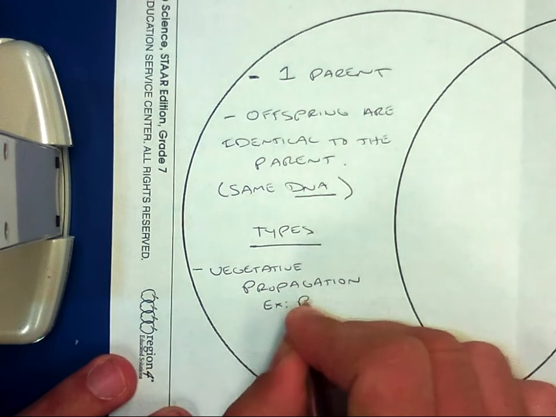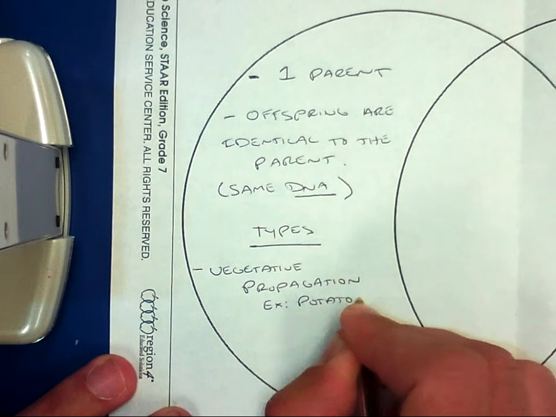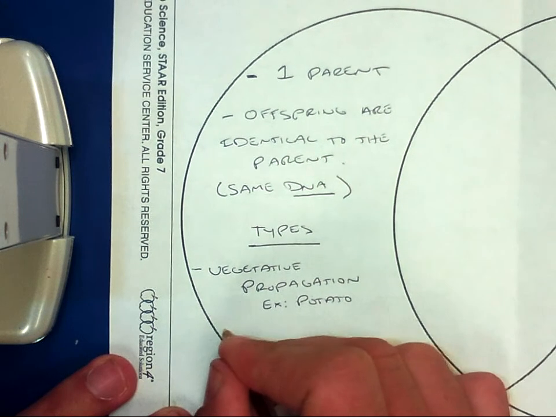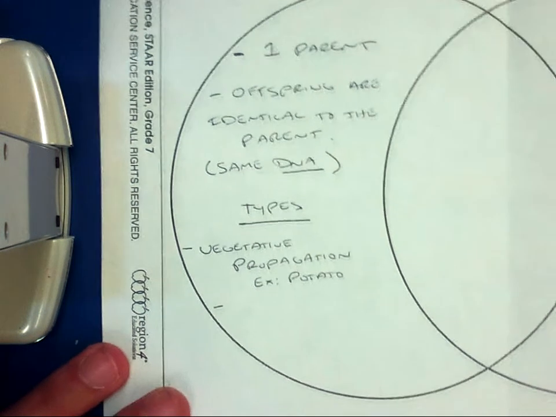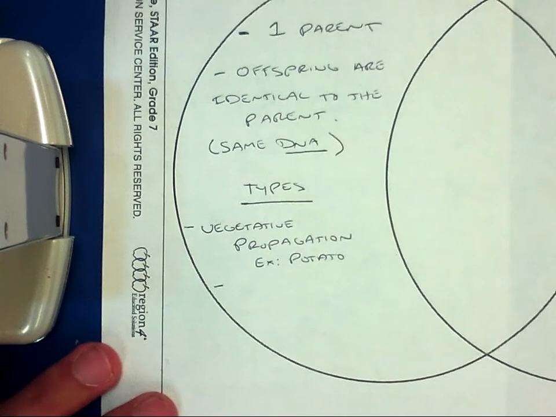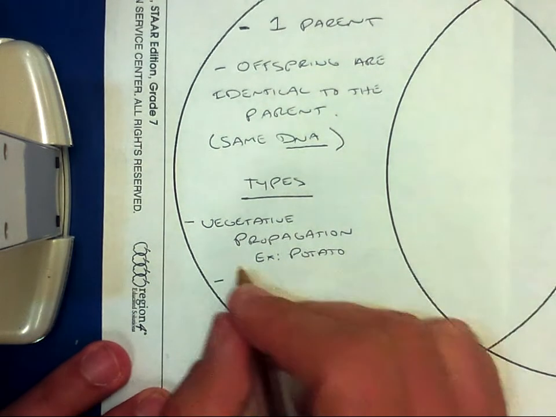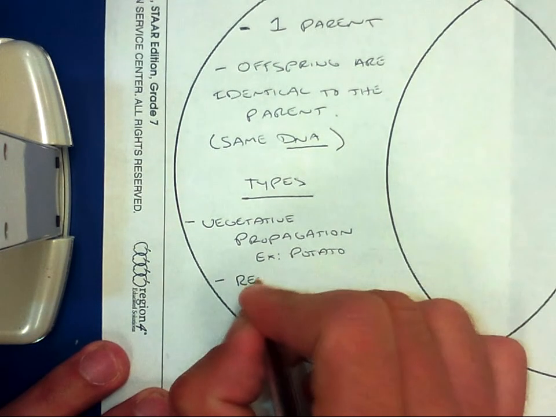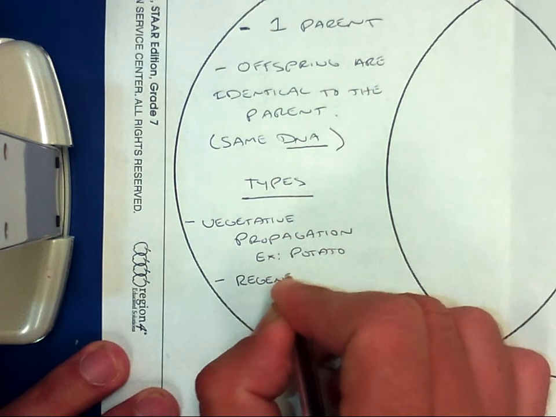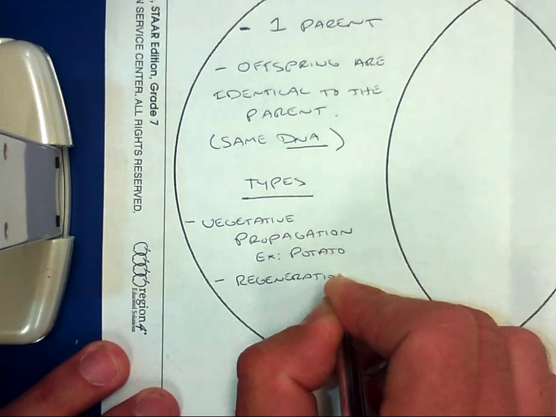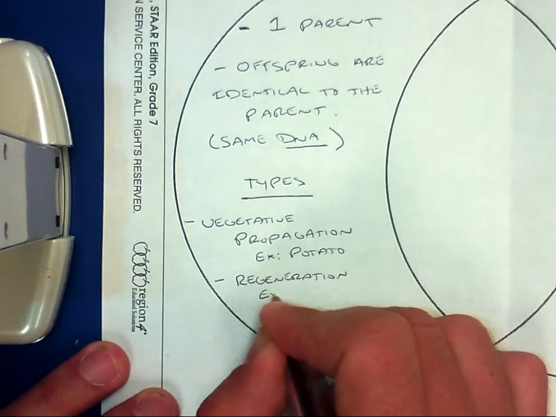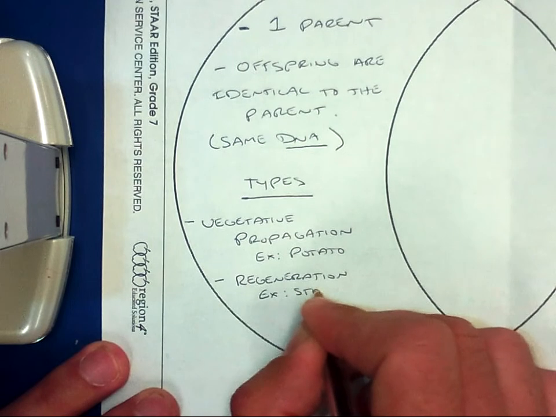Potato. Good. What was another kind? Regeneration. And what was our example of that? Starfish.